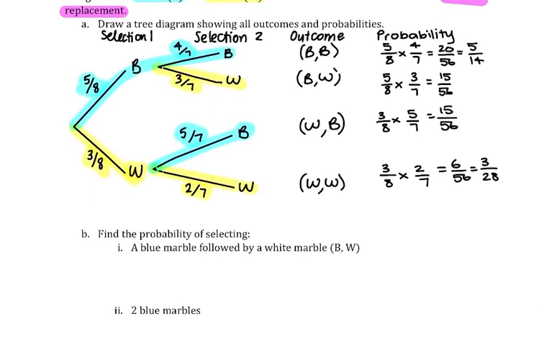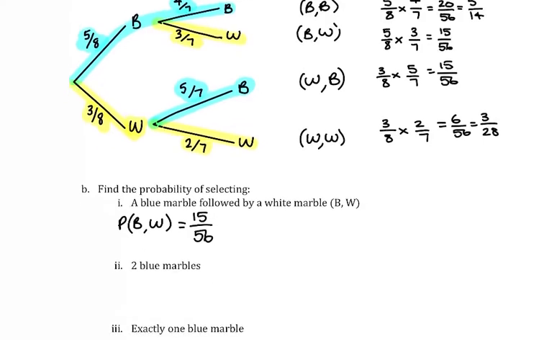Now we want to find the probability of selecting a blue marble followed by a white marble. That means we want a blue and then a white. We have calculated that over here to be 15 over 56. So the probability of a blue and then a white marble is 15 over 56.